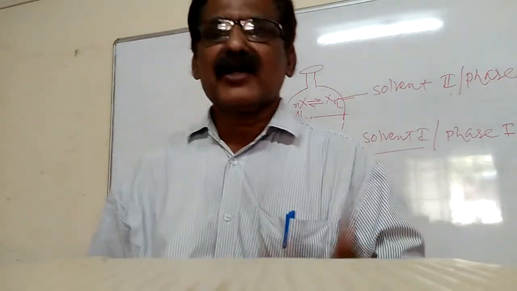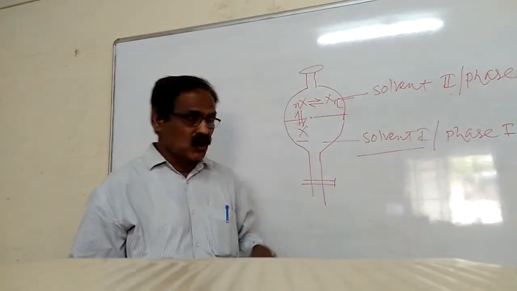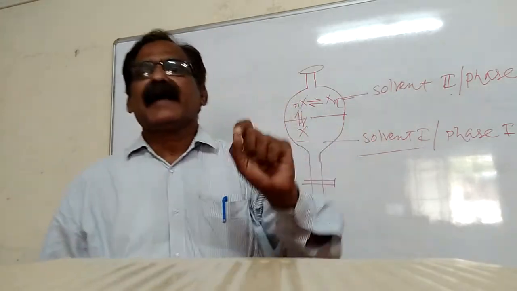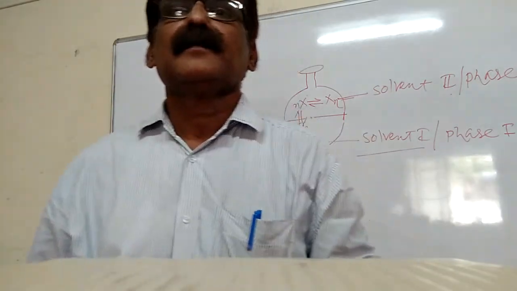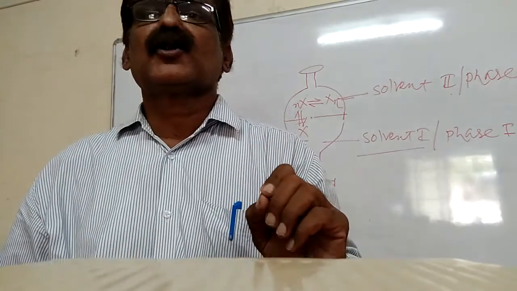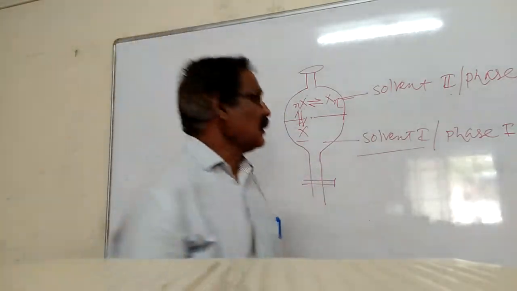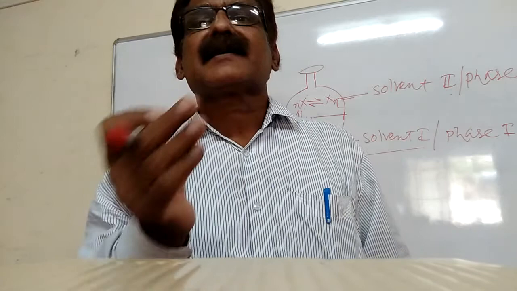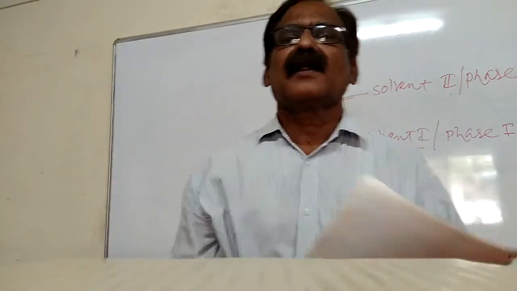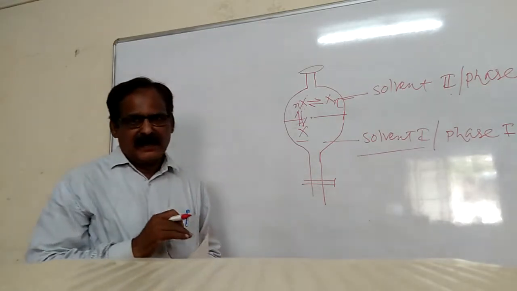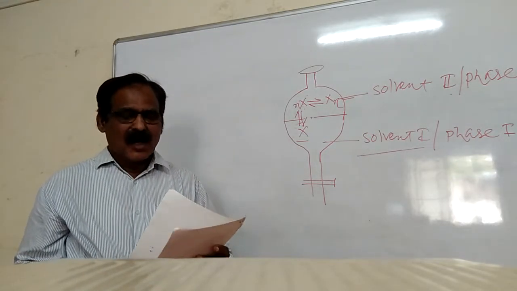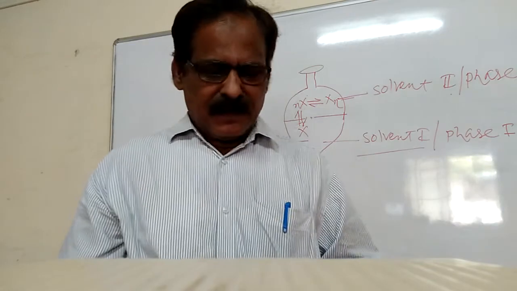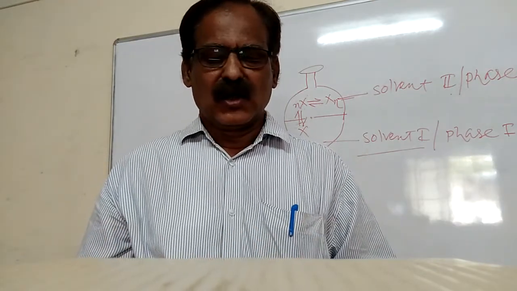On the contrary, when solute X goes into solvent 2 or phase 2, solute X undergoes association. n number of X molecules come together and form associated species Xn, and Xn is in equilibrium with the n number of single or simple X molecules existing in solvent 2.